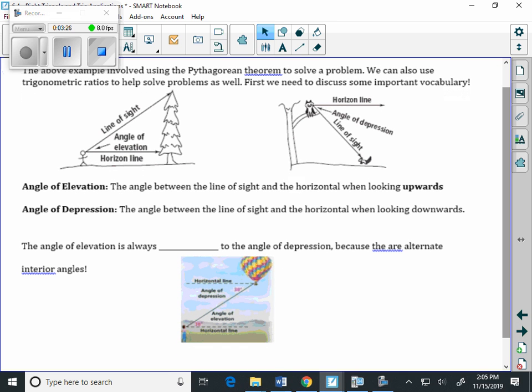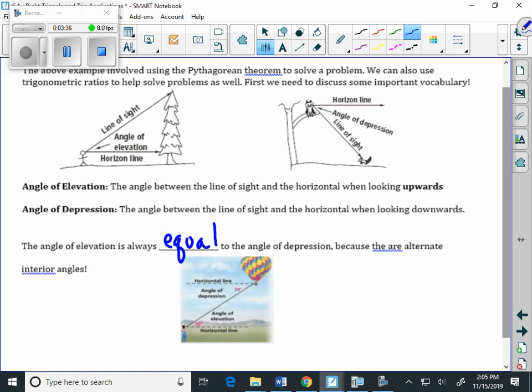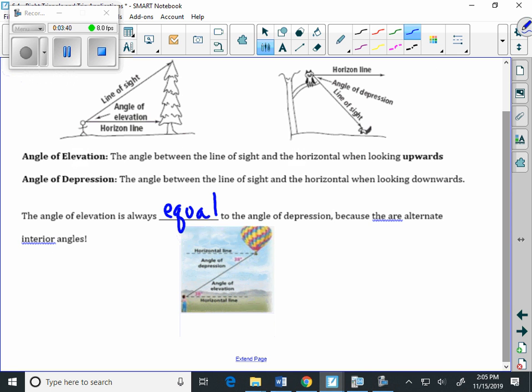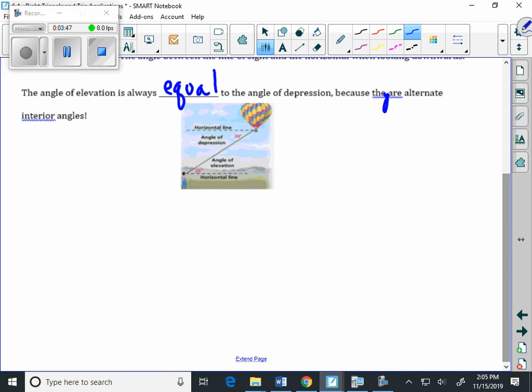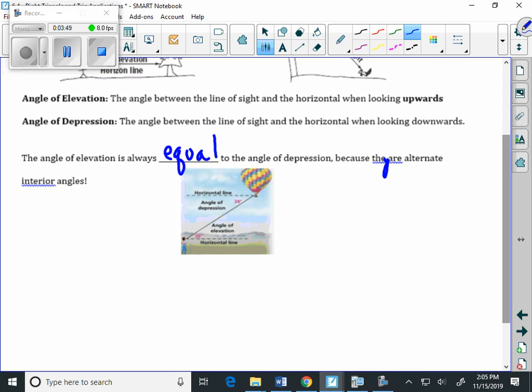But there's one nice feature between the angle of elevation and the angle of depression, and that is that they're equal. The angle of elevation is always equal to the angle of depression because they are alternate interior angles. So you can't see this picture very well, and I cannot enlarge it.